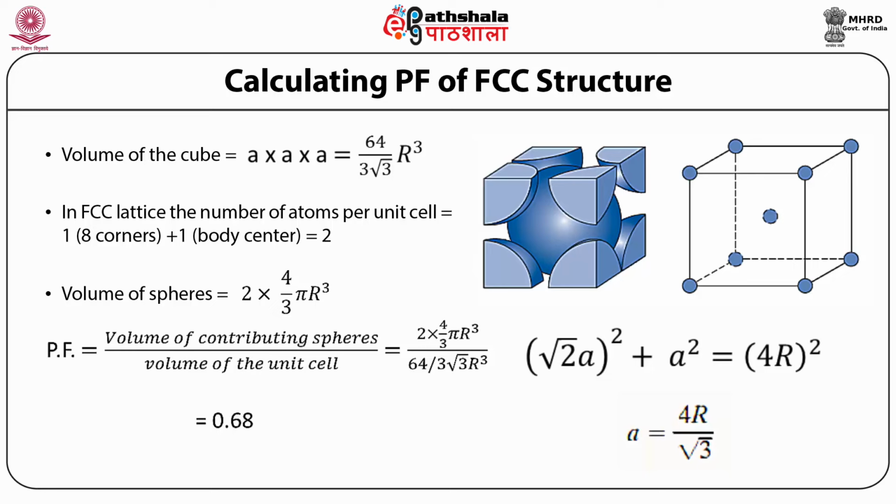Finally, the idea is to get the number, and here the number is 0.68. So this structure is slightly denser as compared to the earlier one, or the packing fraction is larger. It contains larger mass in a given volume.